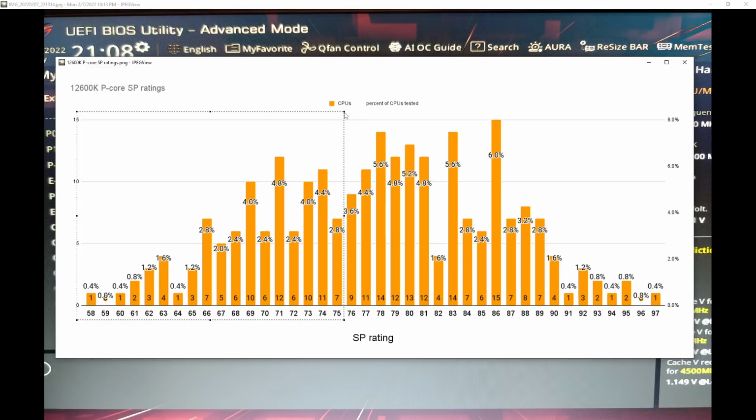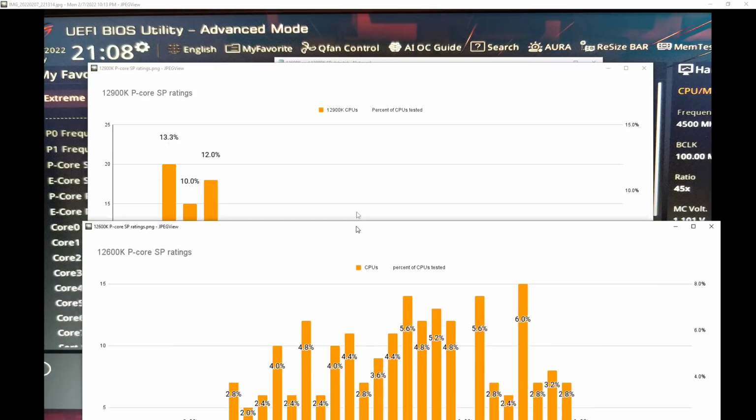By definition, half of these CPUs have to be below average. But the graph isn't as lopsided as it is for the 12900K. Getting a 97 is evidently very unlikely. We can't say that for sure, but the top 1% of 12600Ks are in the high 90s by SP rating. So, yeah. And my CPU is, what was it?